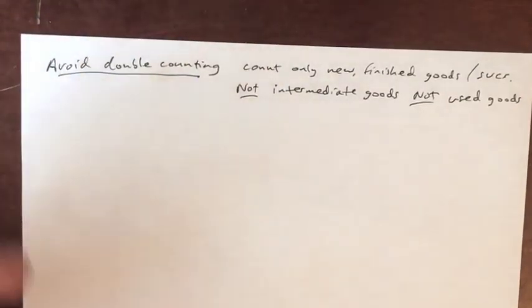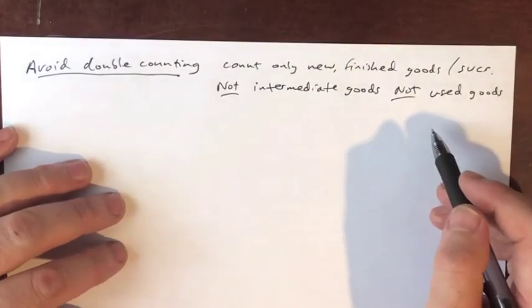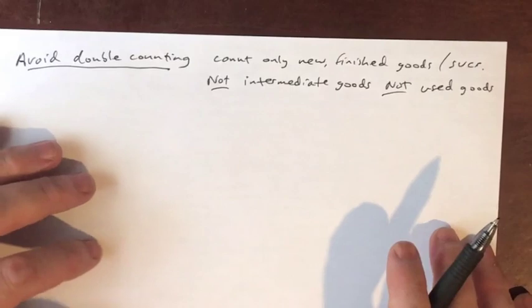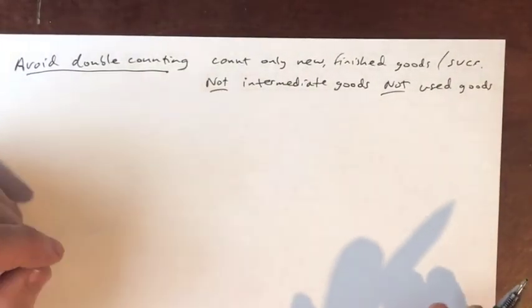Used goods were already counted in a previous year, so we don't want to count that again. Intermediate goods are in the final product.